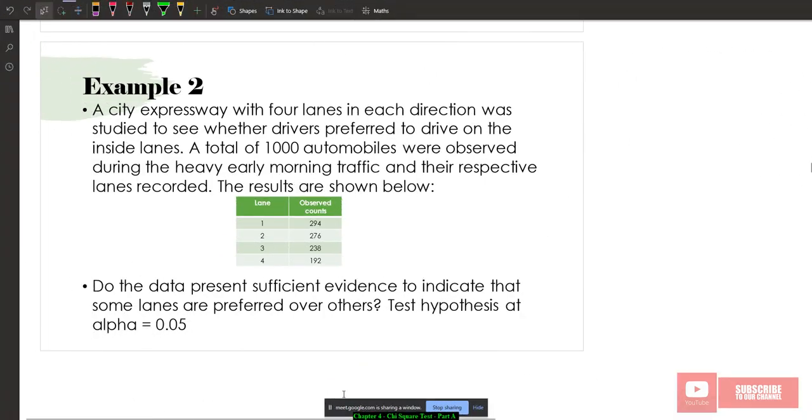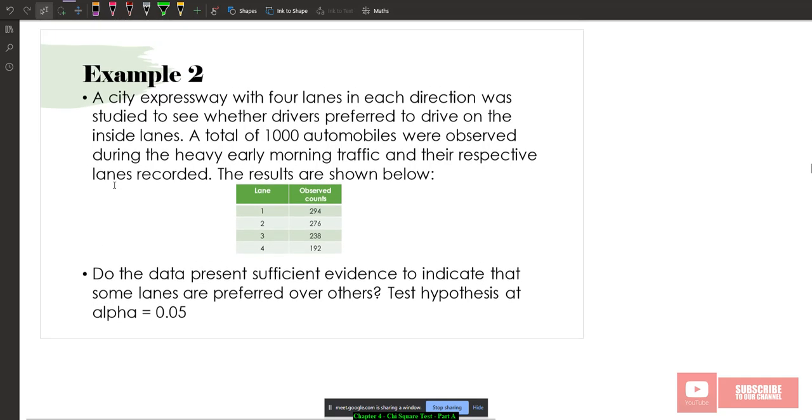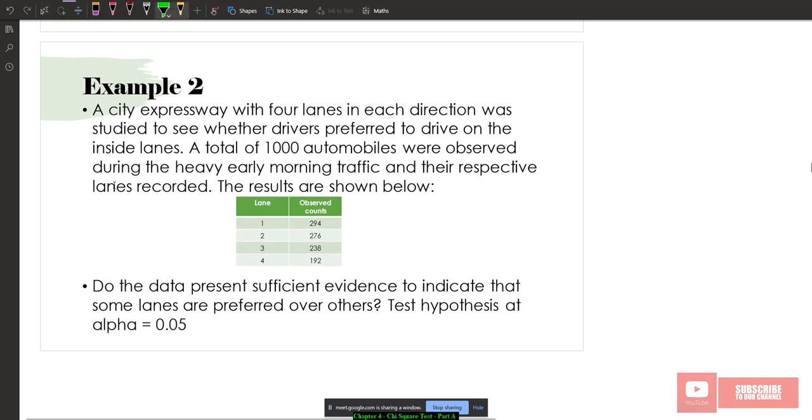Now we shall continue. Example number 2: a city expressway with 4 lanes in each direction was studied to see whether drivers preferred to drive on the inside lanes. A total of 1,000 automobiles were observed during the heavy early morning traffic and their respective lanes recorded. We want to know which lanes drivers prefer.